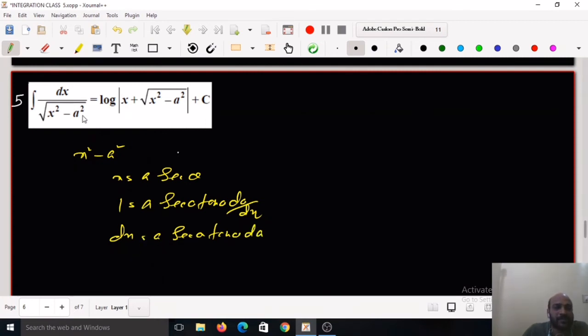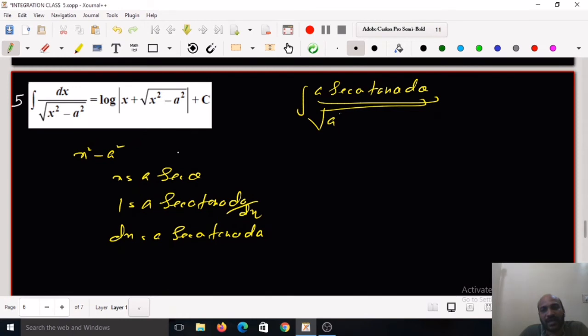So this question we can rewrite as dx is a into sec theta tan theta d theta. What is the denominator? Root of x square, and x square is a square sec square theta minus a square. So a into sec theta tan theta d theta.